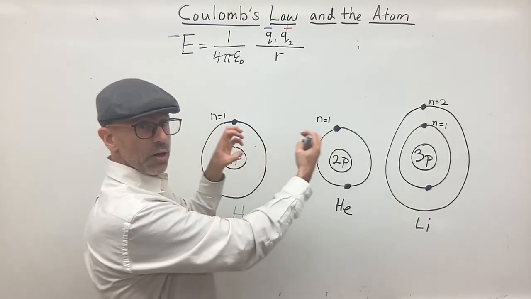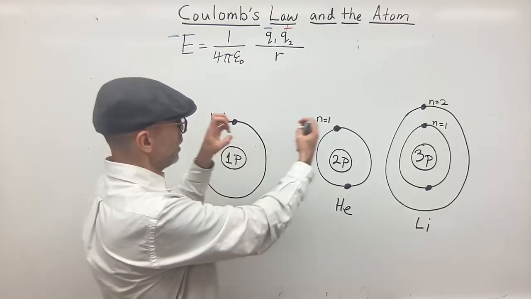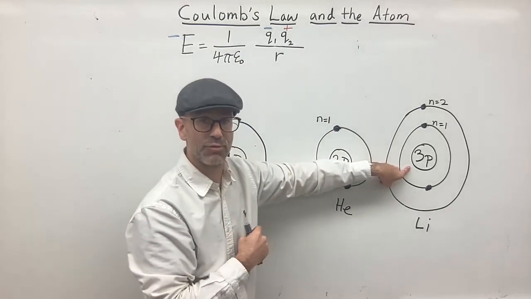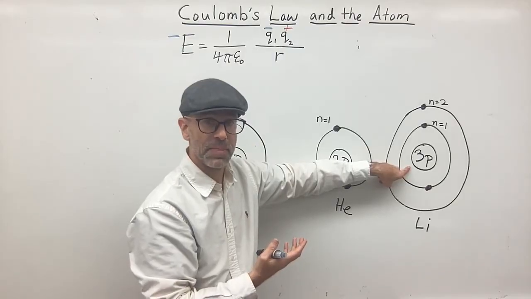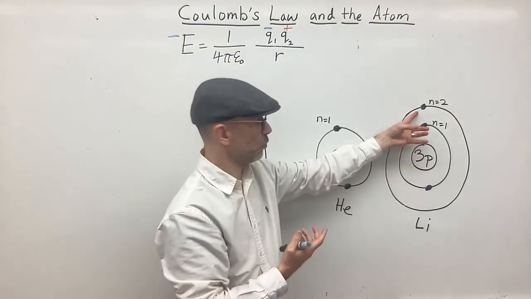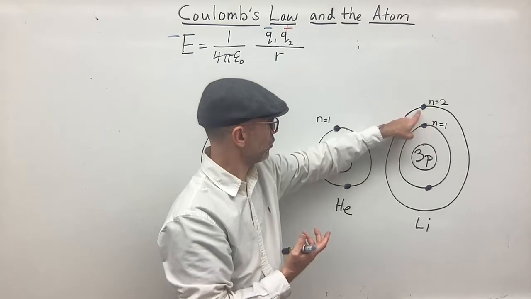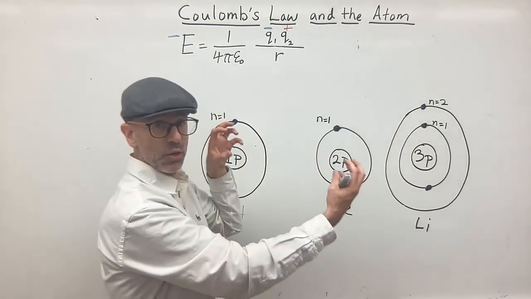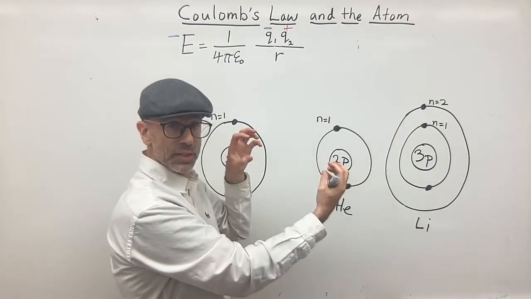But in order to be farther apart, you've got to increase the distance. At the same time, you have that attractive force in the nucleus. This electron also wants to be attracted to the proton, and being close together lowers potential energy.